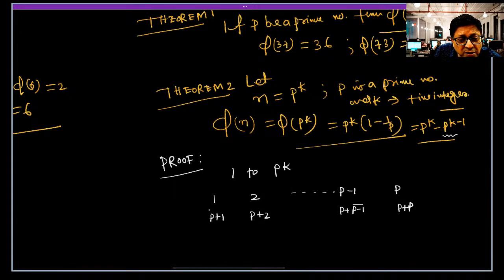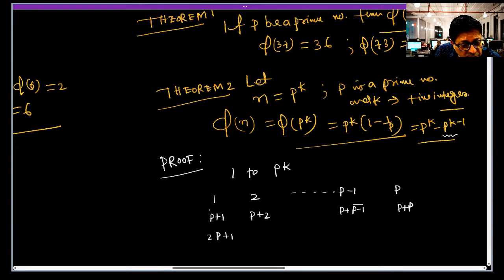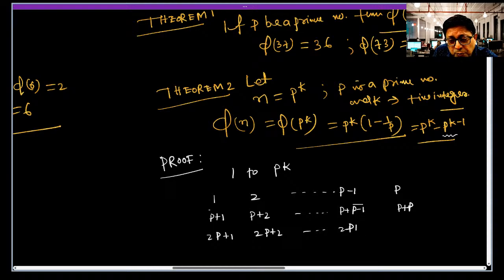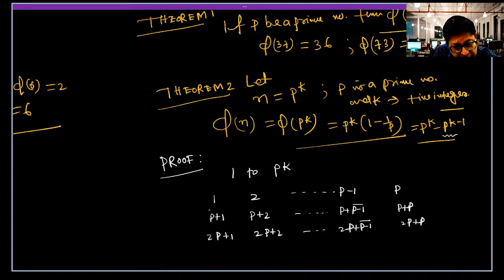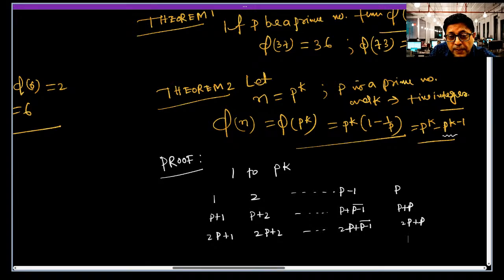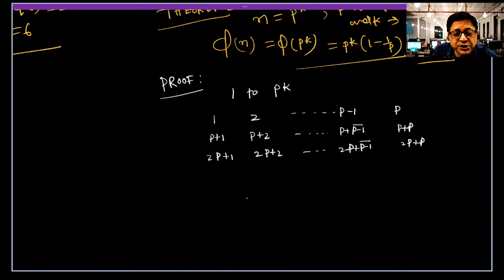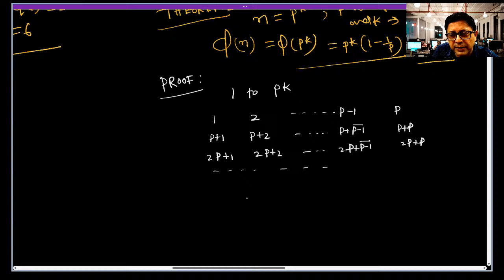The next one starts with another p added: 2p plus 1, 2p plus 2, up to 2p plus p minus 1, and 2p plus p. Okay?